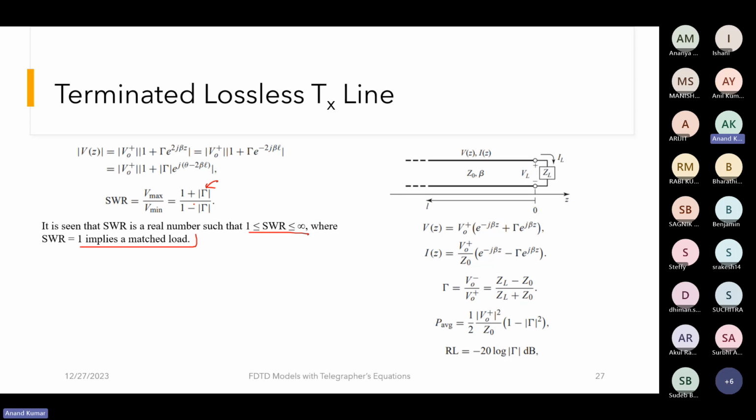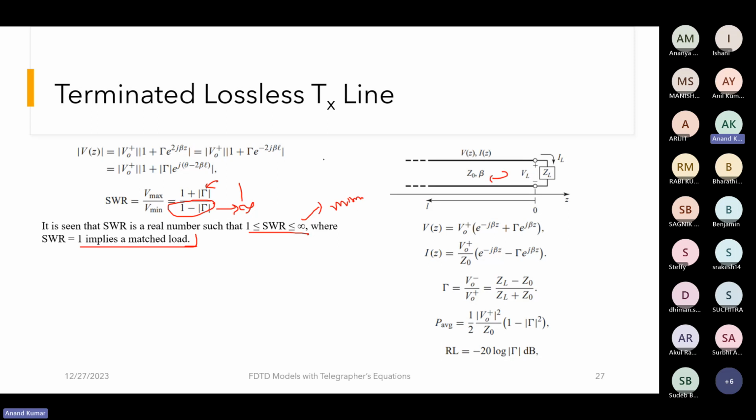So if the voltage reflection coefficient is 0, SWR is 1, it means the load is matched. And if the reflection coefficient is 1, that is, all the wave is being reflected back, the denominator will tend to zero and the SWR to infinity. So if it is towards infinity, it means it is more mismatched.